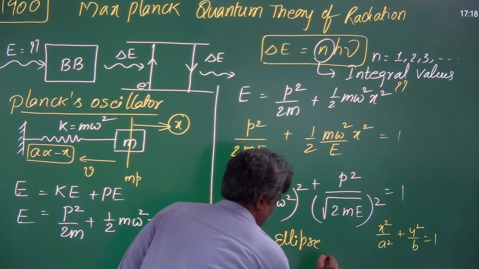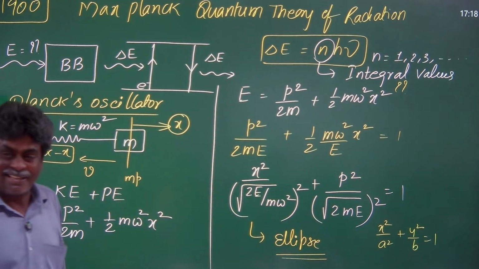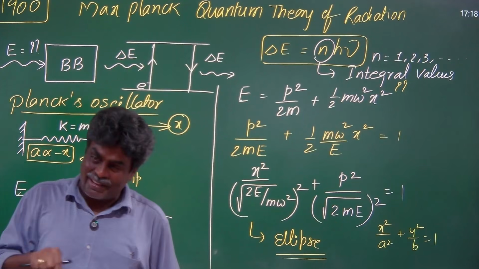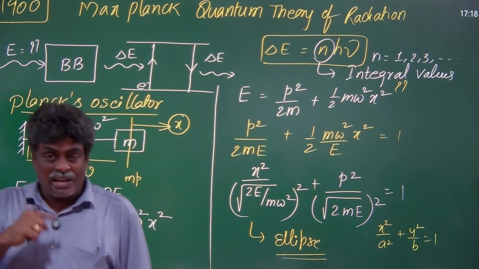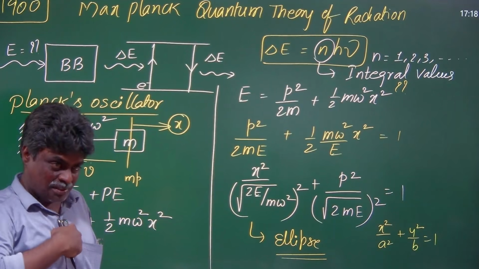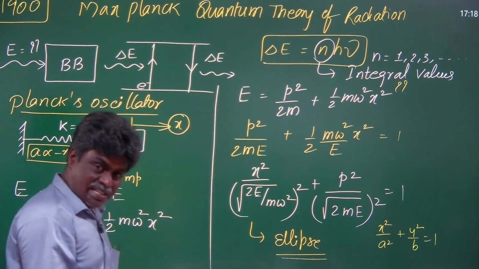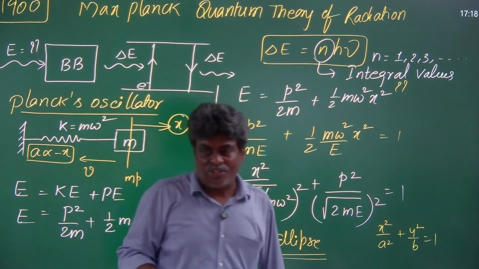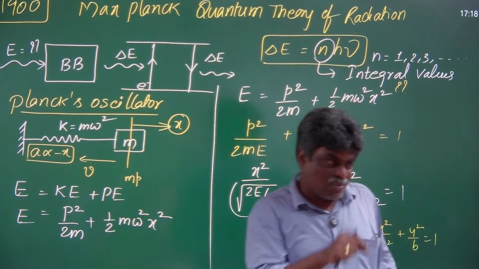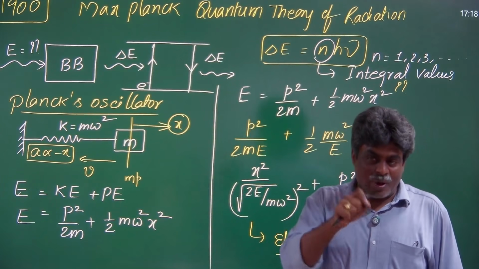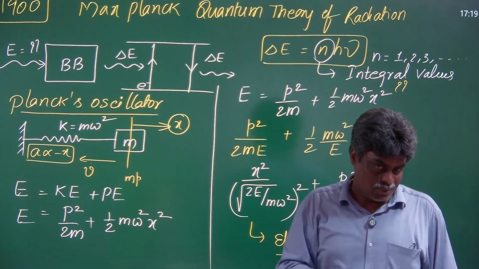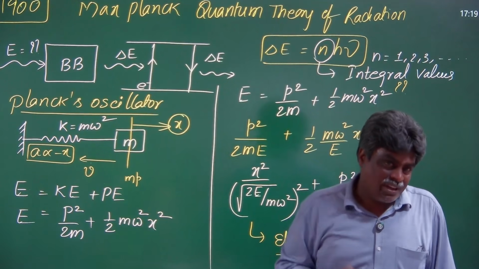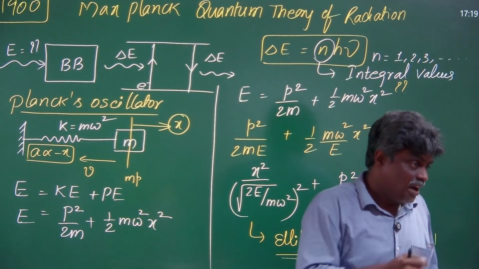Once again, what we are discussing: according to Planck's theory of radiation, the amount of energy absorbed or released is always an integral multiple of h nu. Here we are discussing why it takes integral values only, why it can't take half.